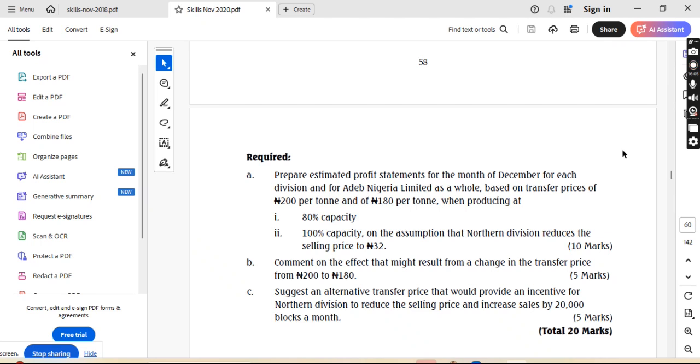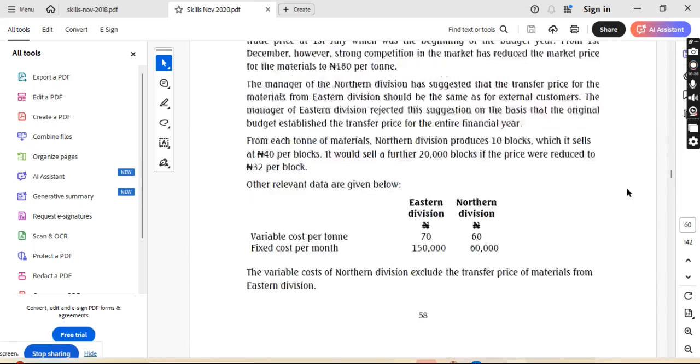Now, suggest an alternative transfer price that would provide an incentive for Northern Division to reduce the selling price and increase sales by 30 blocks a month. 5 marks. Total marks allotted to this question is 20 marks.